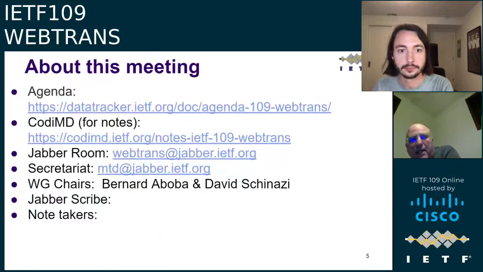So at this meeting, the agenda is posted and it's up to date. We will want a volunteer for note taker. I believe we have a volunteer for Jabber Scribe, but we will want somebody to take notes. We have the CodiMD at this link, so it's easy to do, but we do need a volunteer so we can keep notes for what is about to transpire.